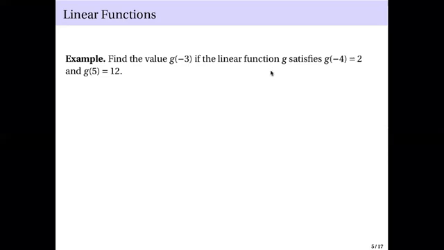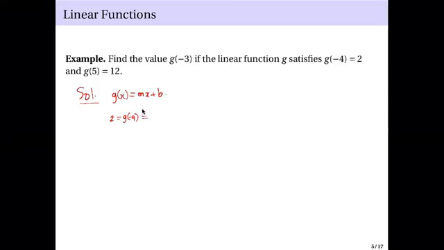Now, according to this, g is also a linear function. So just like before, your function g of x is of the form mx plus b. Hence, the solution will be very much similar to what we did in the previous example. So in here, we have g of negative 4, and according to this, it's equal to 2.